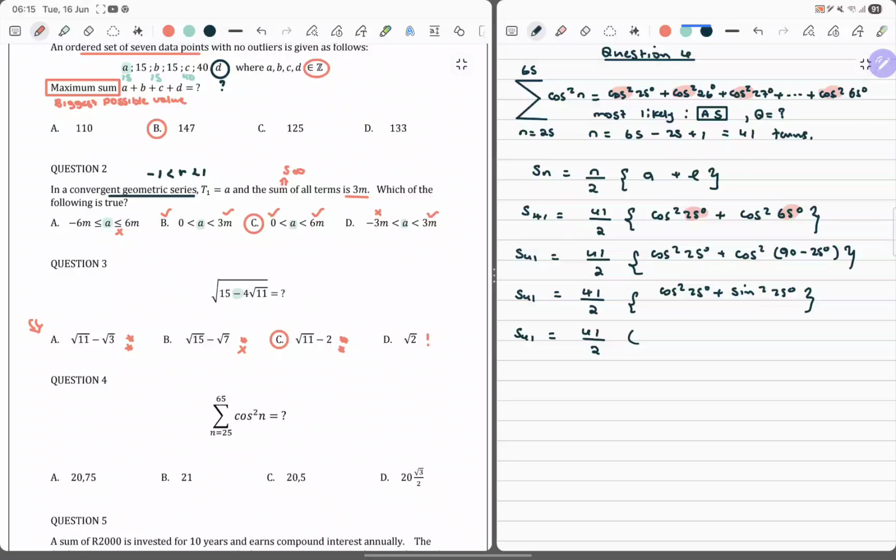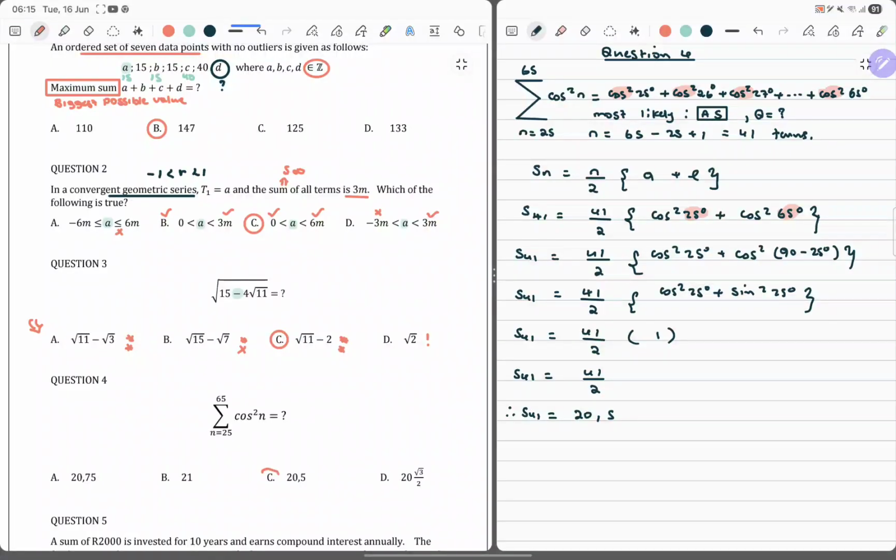Now S41 is going to be equal to 41 over 2. Now we know that the square identity kicks in. This is equal to 1. So this means S41 is nothing but 41 over 2. Okay, do we see something like that? Not really. But what is 41 over 2? We see decimals, so we know that this is going to be 20,5.